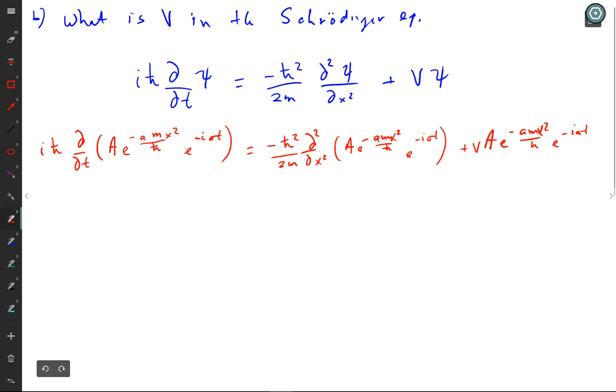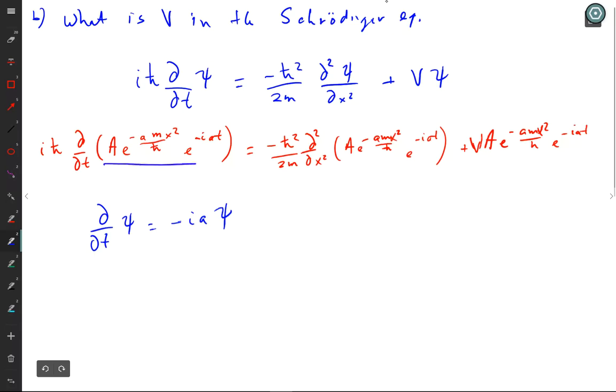So that's what we're going to use to solve for V. Our lives will be simpler if we do our derivatives separately. The derivative with respect to time of psi is equal to, and all I have to do is bring down minus ia, lowercase a, and then all the rest of psi is the same.